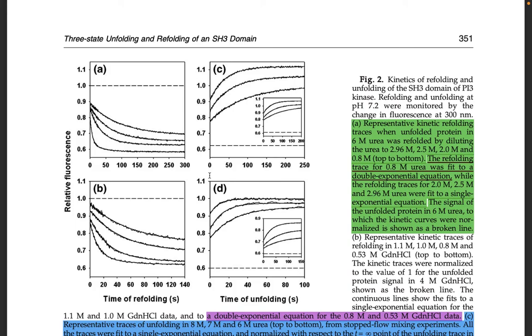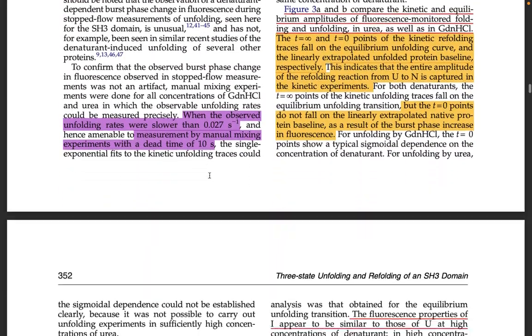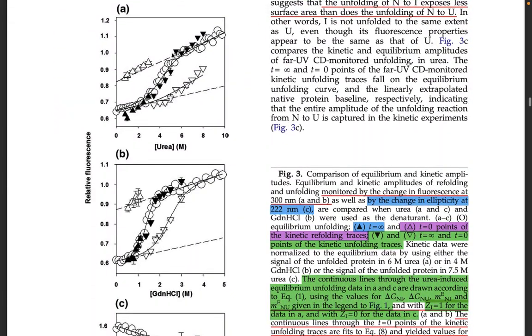And it was seen in the later part that in the equilibrium experiment, A is the melt at 310 nanometer in urea, and what was seen is all the t equal to infinity points.